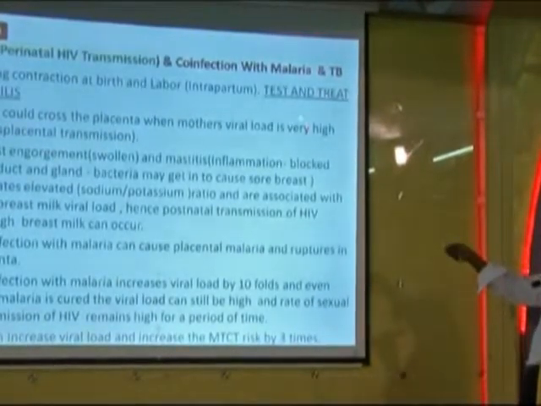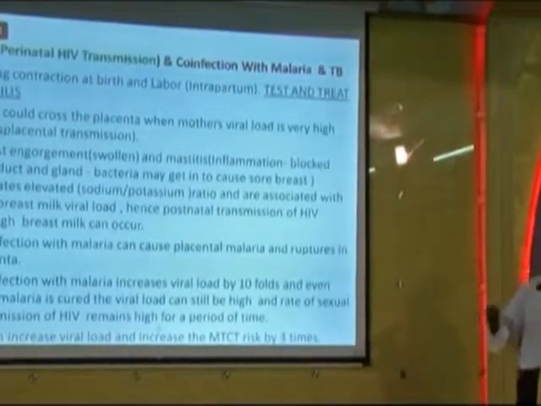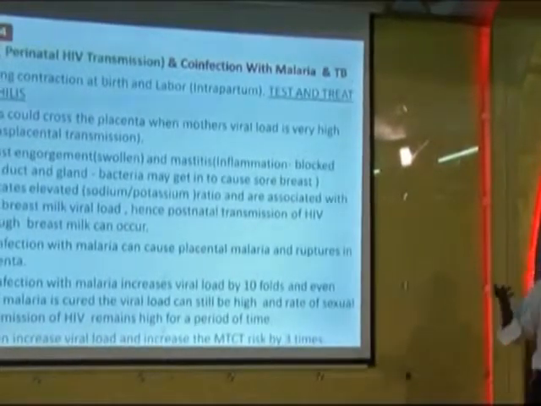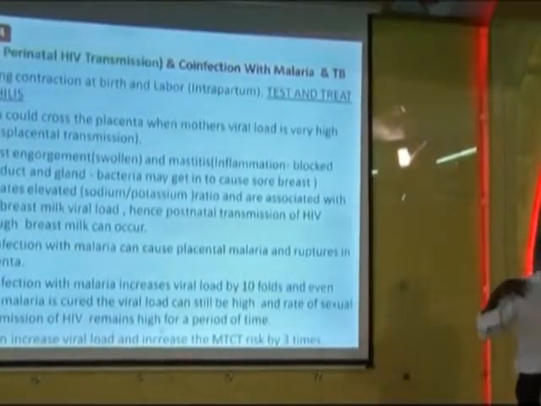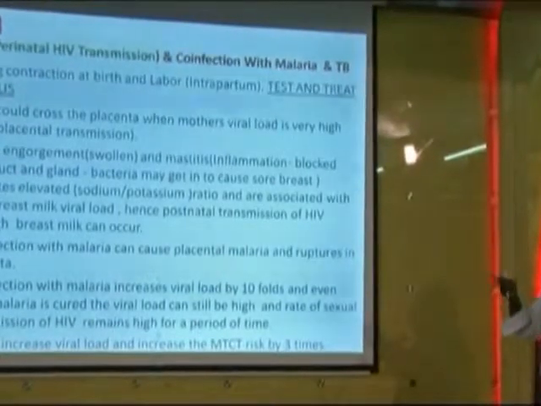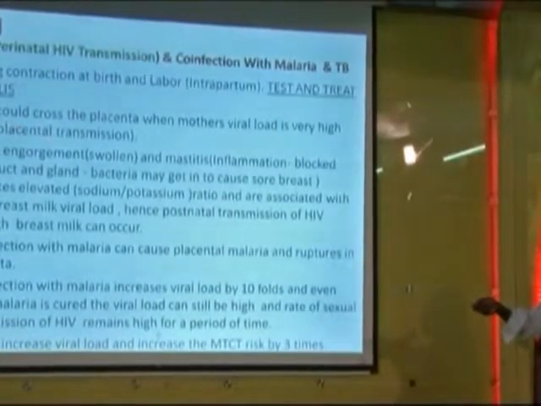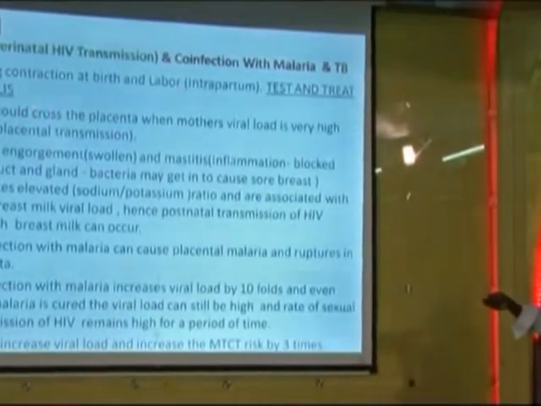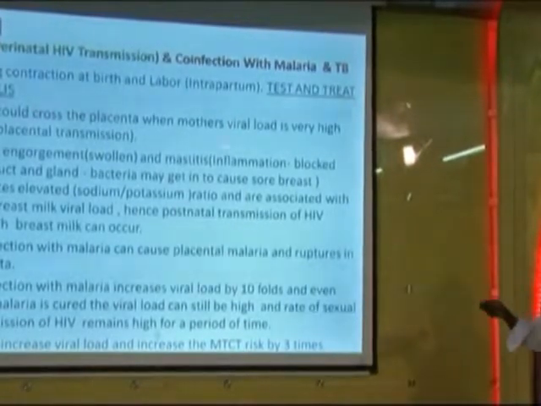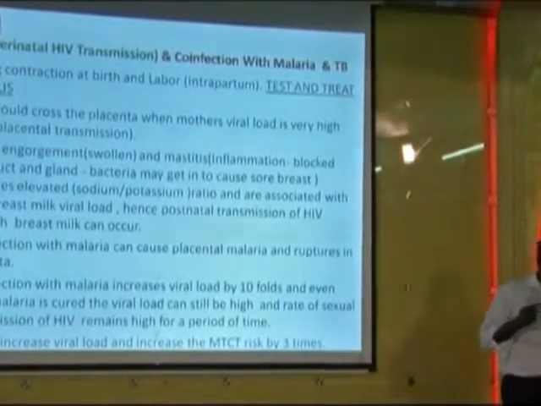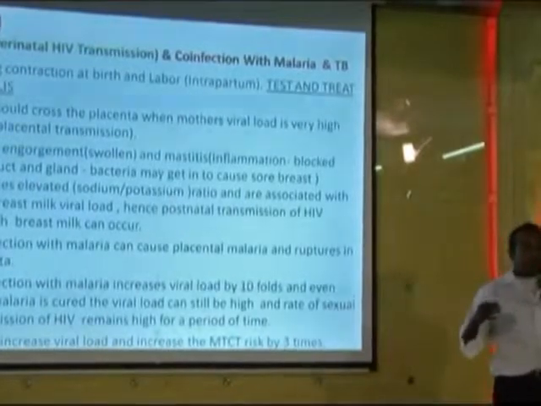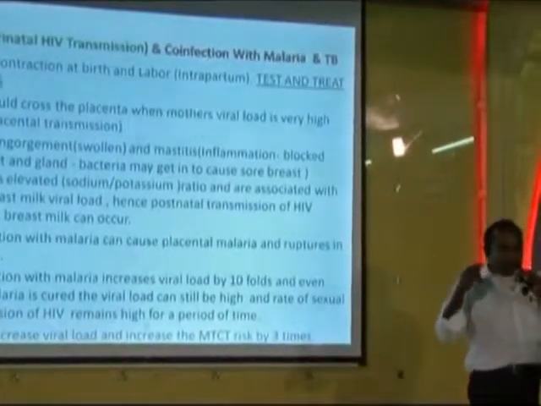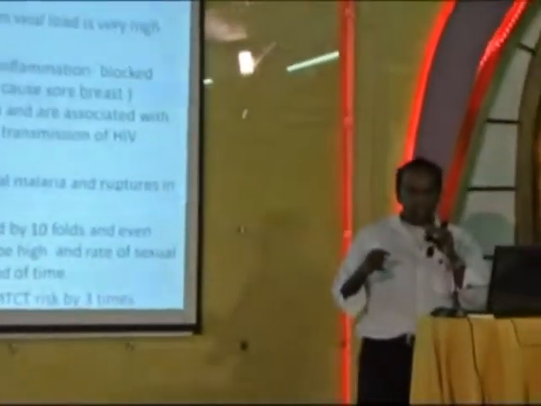So mothers are recommended to test for syphilis because syphilis is a bacterial infection and can easily be treated and cured. And then there's another way the virus can cross the placenta when the mother's viral load is very high. The placenta is more like a trading post. See, the baby's blood circulation system doesn't get into contact with the mother's blood.